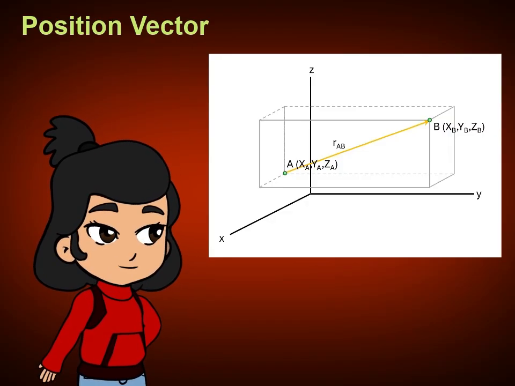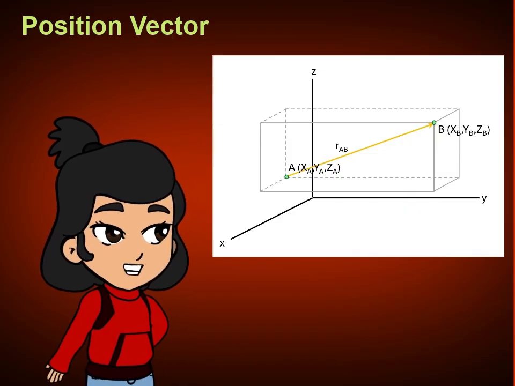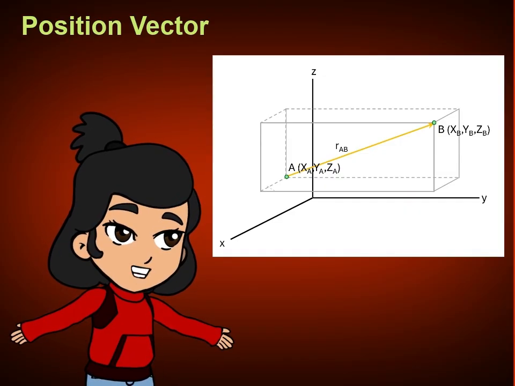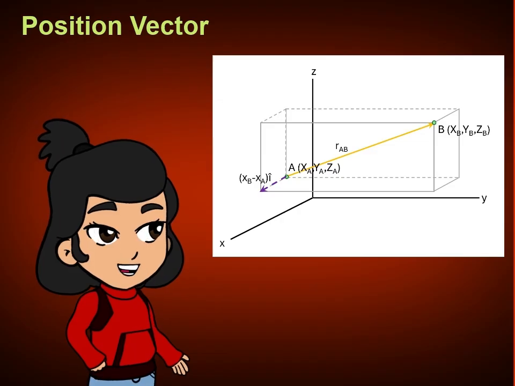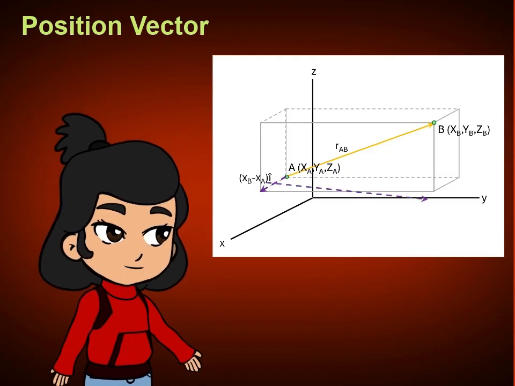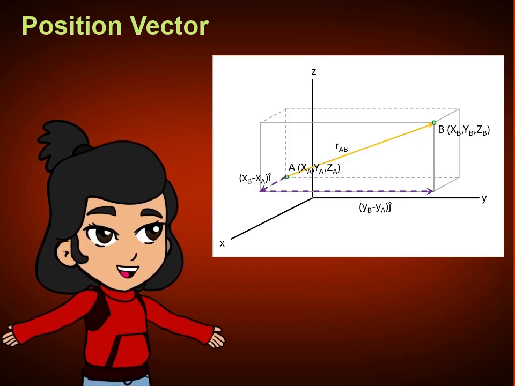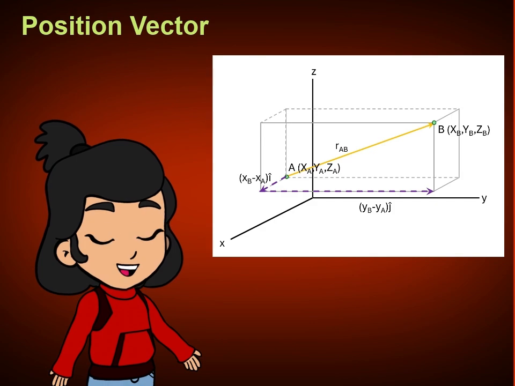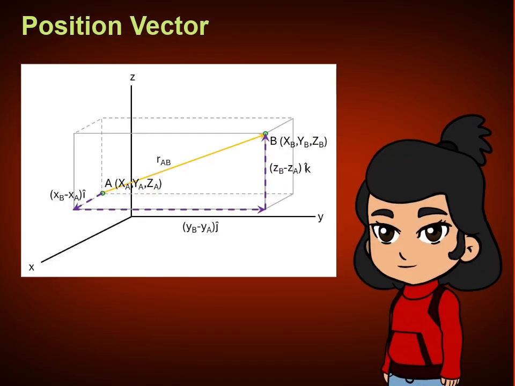In this case, along the x-axis, we would have to change our position some distance xb minus xa. Then, once we reach that point, we'd have to change our position along the y-axis some distance yb minus ya. Then finally, we would have to change our position along the z-axis some distance zb minus za.